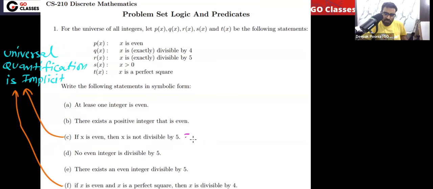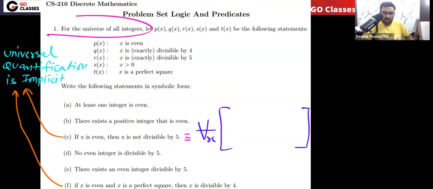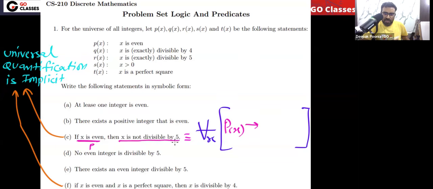Now for this statement C, if x is even, then x is not divisible by 5, and here the universal quantification is hidden, it means for all the integers, for all the elements in the domain, we are saying that if it is even, and even means p, then x is not divisible by 5.